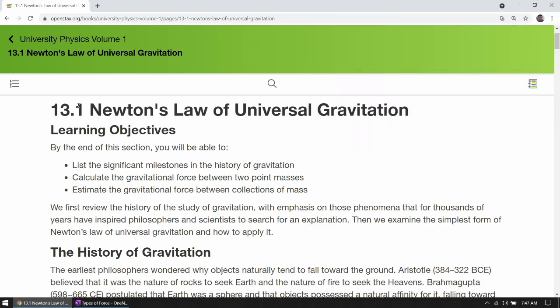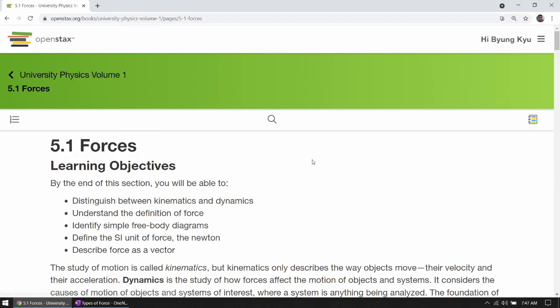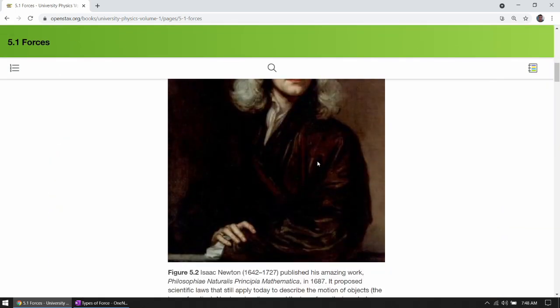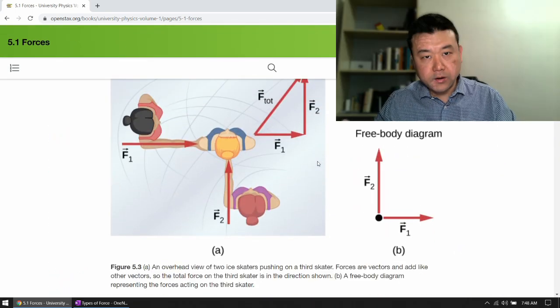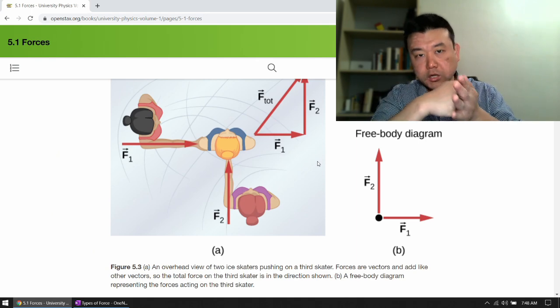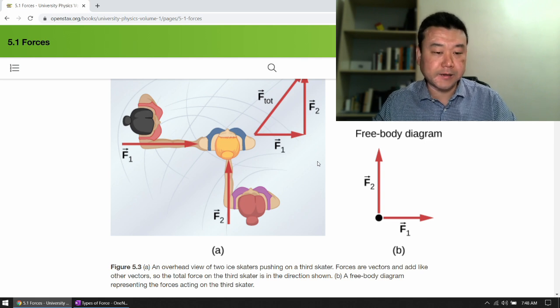As you draw a free body diagram, all the forces that you might be drawing will either have to come from something that's touching the object, or it'll have to be gravity if it's coming from something that's not touching the object.